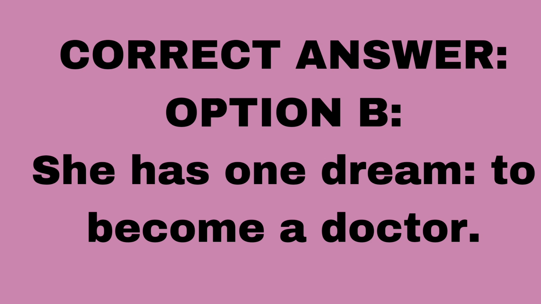Remember I mentioned that a colon is like an explainer. It explains the clause that comes after it. So whenever you introduce an independent clause, you should put a colon before you write the explanatory clause that follows it. So: she has a dream: to become a doctor.